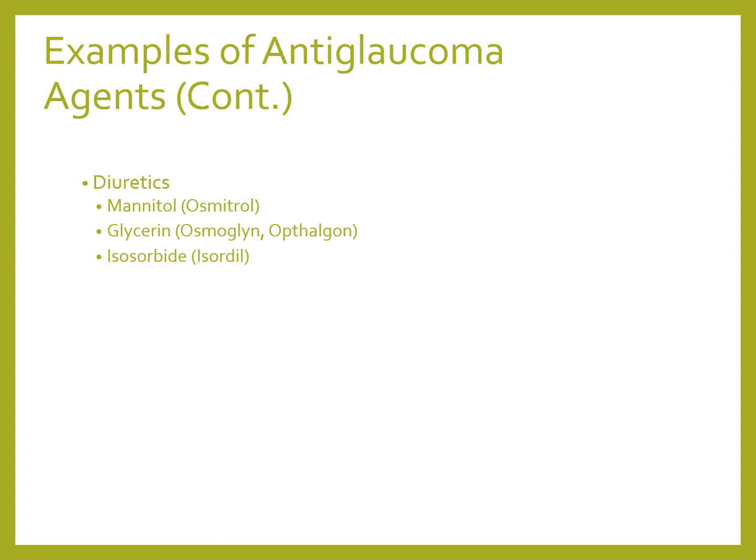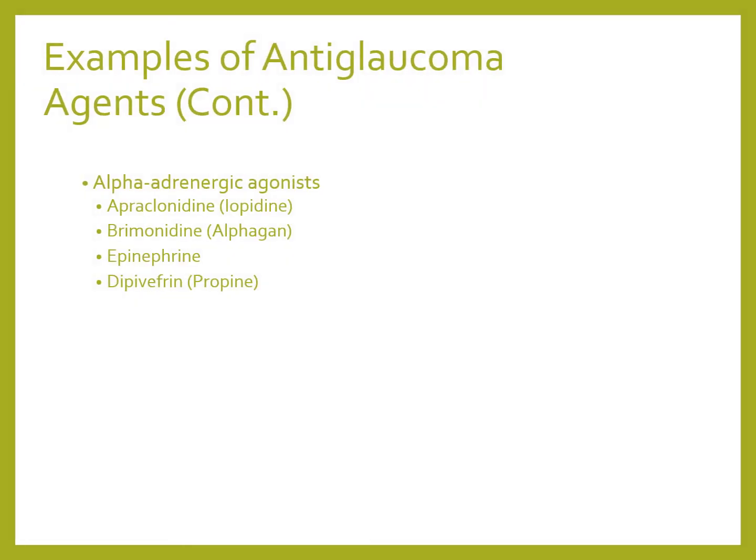Osmotic diuretics are another class of these anti-glaucoma agents. They can be used to treat glaucoma in the short term by raising the osmotic pressure of the blood, which just means the fluid is being drawn out of the eye, and then in turn it lowers that pressure. Alpha adrenergic agonists, these are administered as eye drops, and you can see some different examples here.